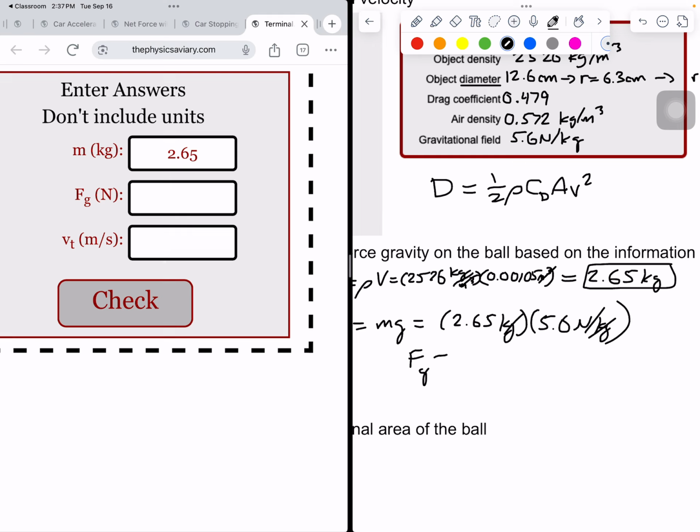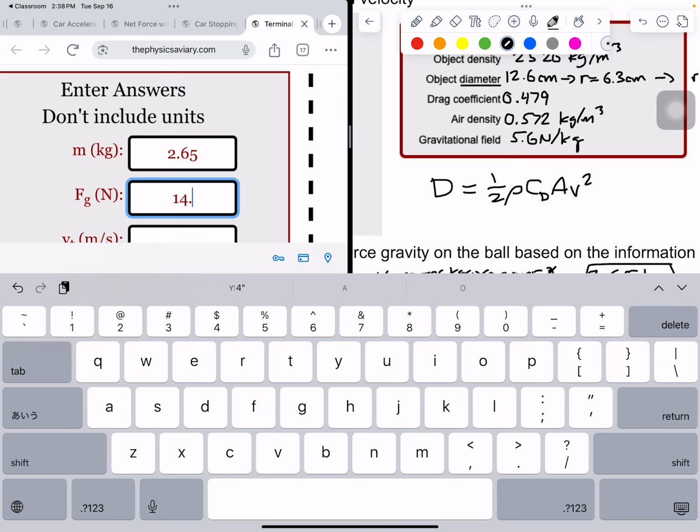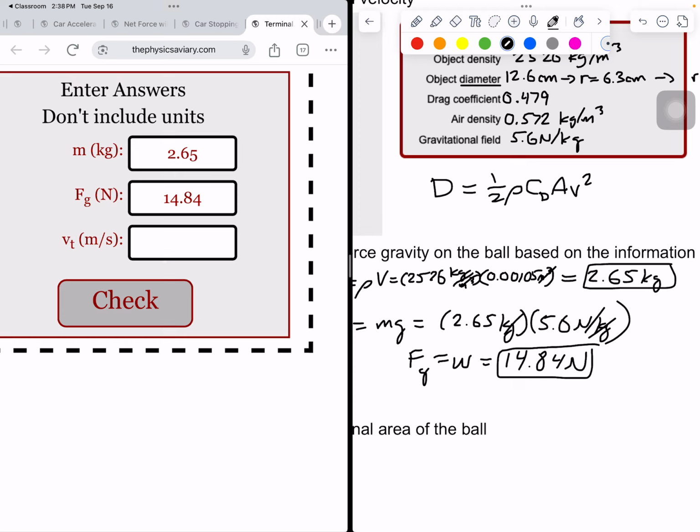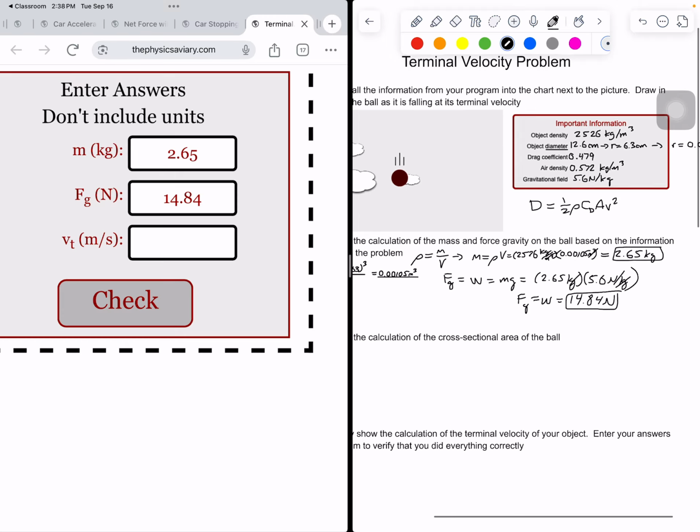The force due to gravity, which is the weight, is about 14.84 newtons. Okay, so there's my force of gravity, 14.84 newtons. I'd be fine if you rounded it to 14.8, or round yours to the tenth if you want to, if you don't want to use decimal points.